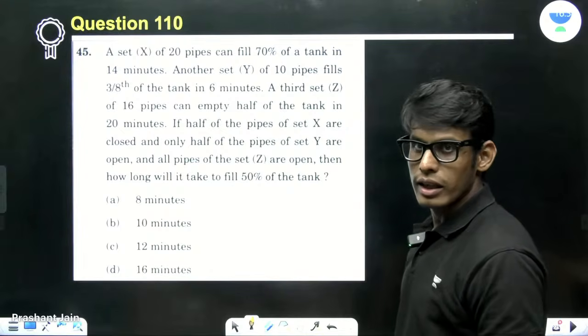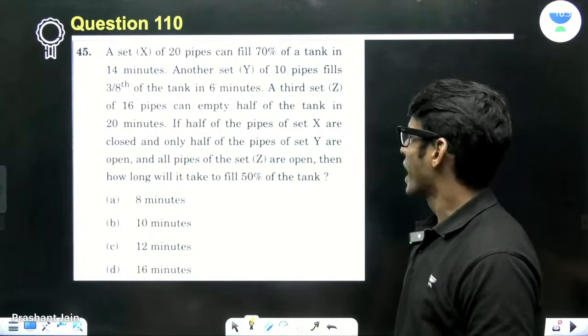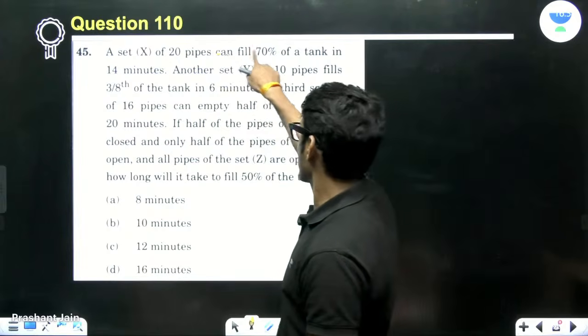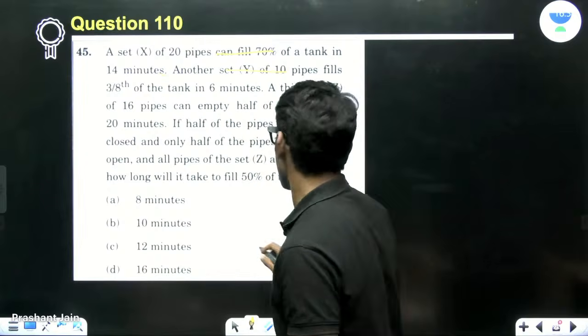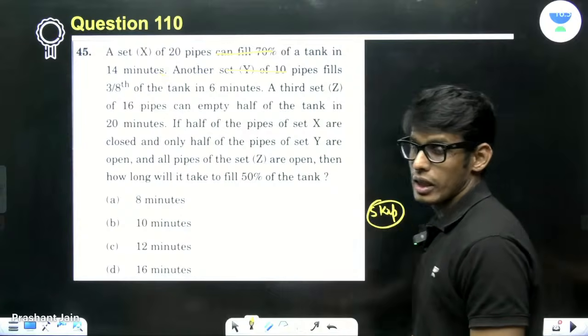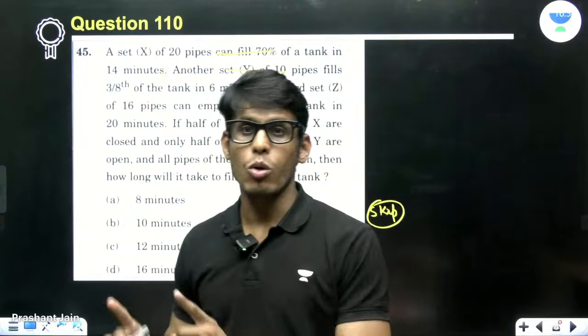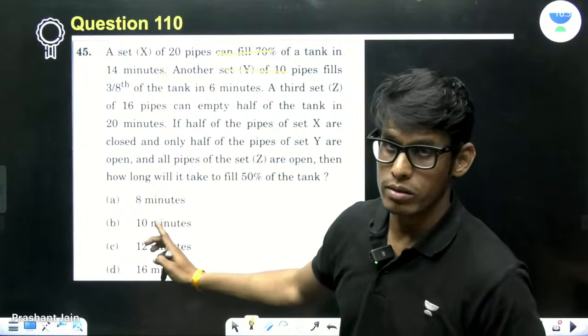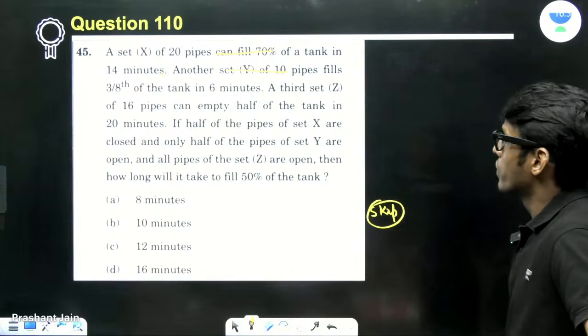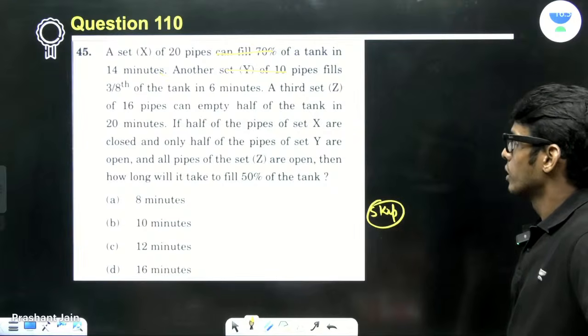Actually, it is a lengthy problem. It will have a lot of calculations. You have to process this, then you have to process this. So I think we should skip it, although it can be done. In the second round, if you have time, you should be able to do this. It's not a very lengthy problem, but you'll have to make 3 different calculations.